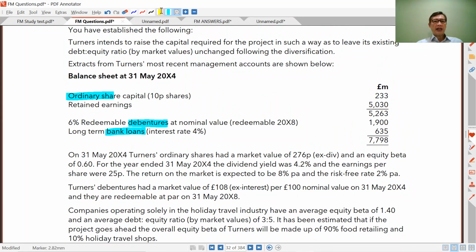So for the market value of the equity, just remember it is the share price. Market value of ordinary shares. Standard is ex-dividend, 2.76 pounds, and then you multiply by the number of shares. So this 233 and per share is 10p, so the number of shares is 2330.